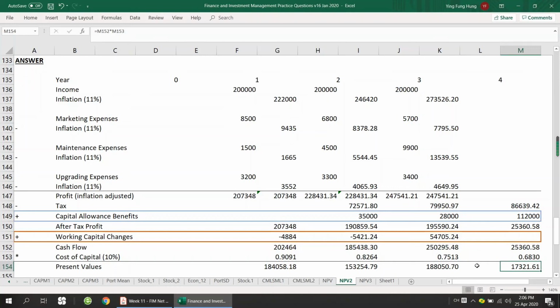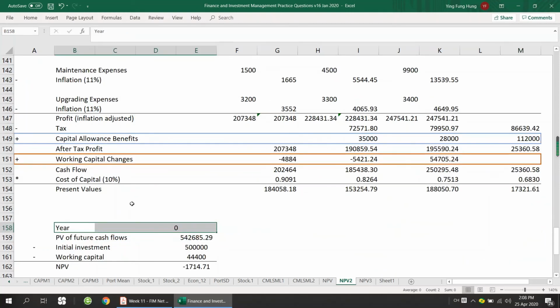Okay, so we calculated the present value for year 1, year 2, year 3, and year 4. So how about the present value in year 0, or today? How do we get the present value of today?